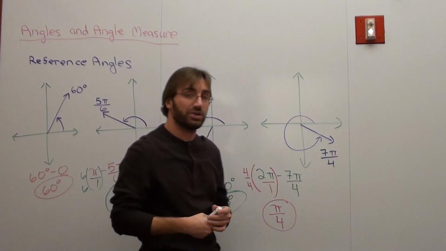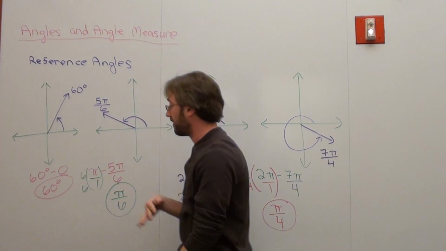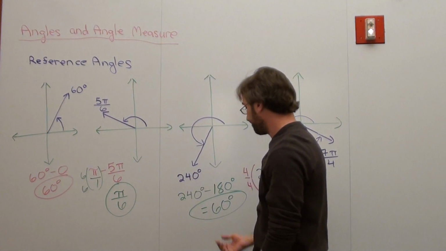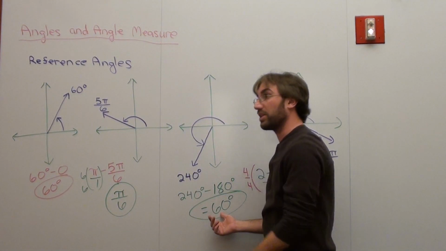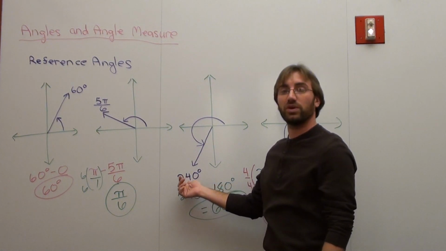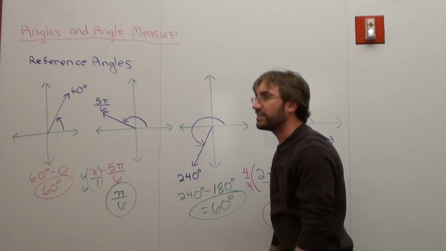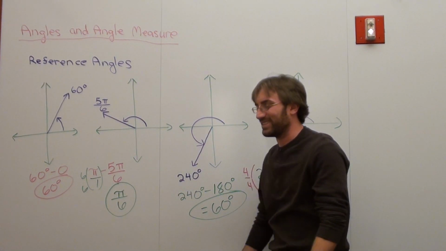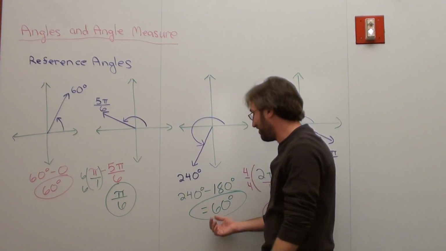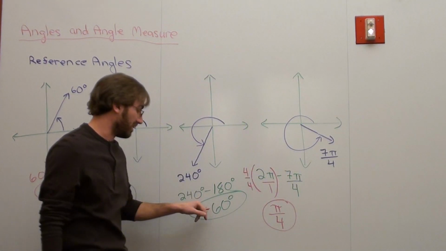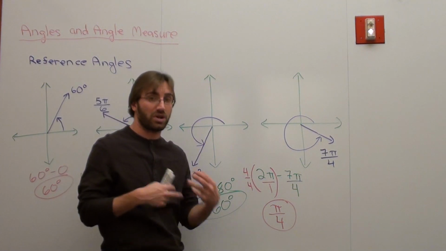Pretty cool, pretty underutilized. Now some people say, what does that have to do with anything? Well, let's do the cosine. I know that the cosine of 240 degrees is negative 1/2. People are like, what? First of all, what does that have to do with anything? Well, it has a lot to do with everything. Since I know the reference angle, I already know what the cosine's value is.